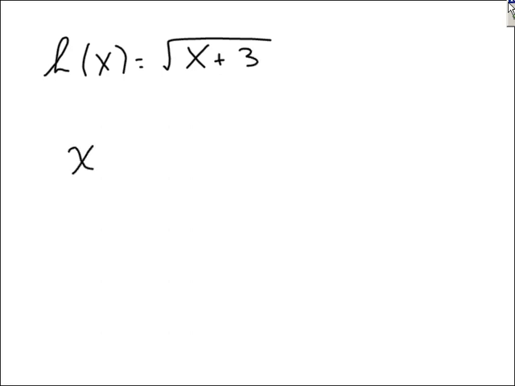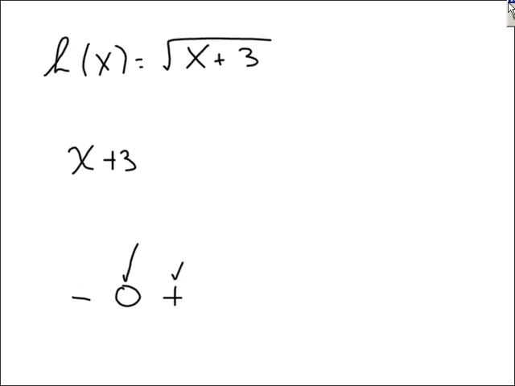It can't be negative. For example, if you're told that h of x is the square root of x plus 3, what's underneath the square root sign? Now there are 3 types of numbers. You can take the square root of 0 and it's 0.